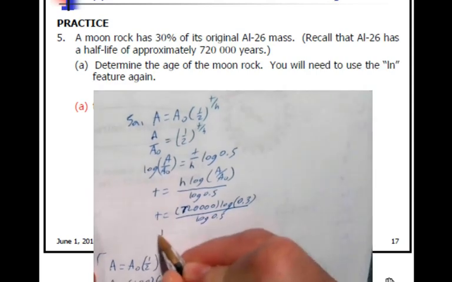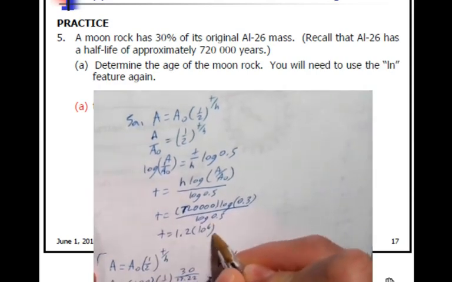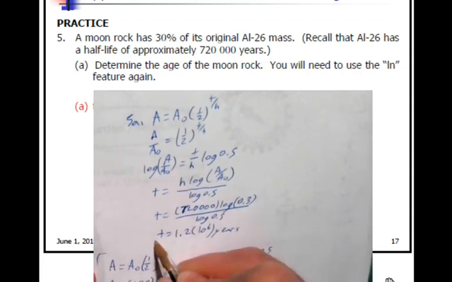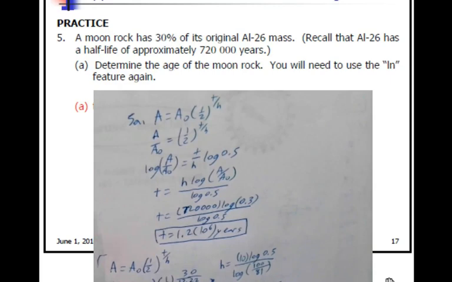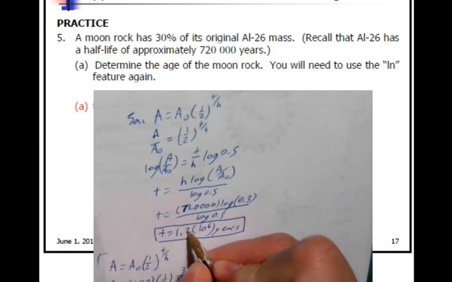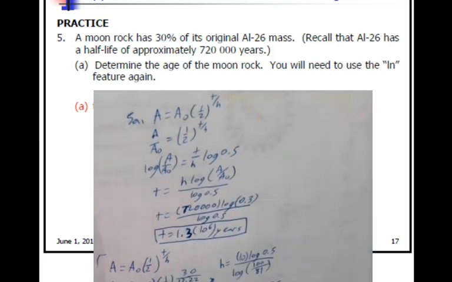So T equals 1.2 million years as our age. Actually, sorry, it would be 1.25, so it would round up to 1.3 really, now that I look at it again.